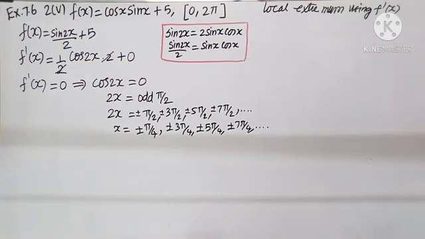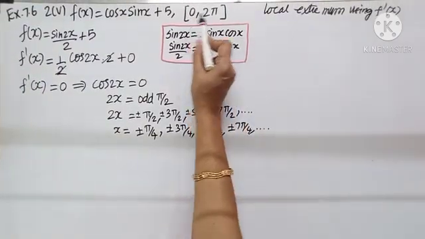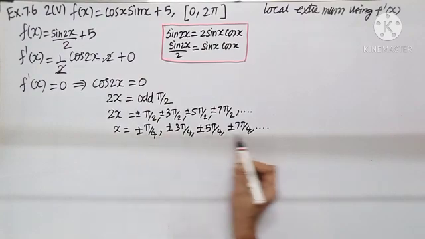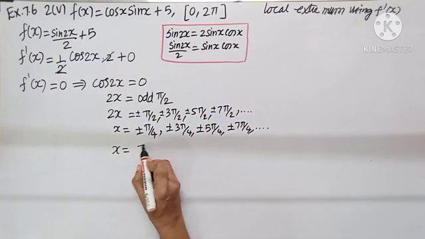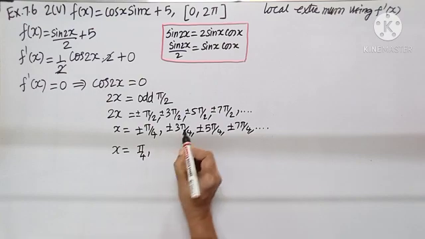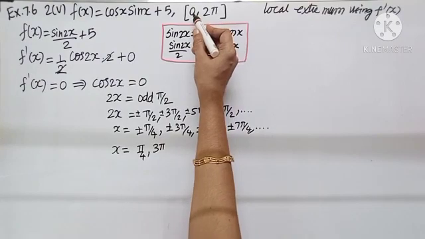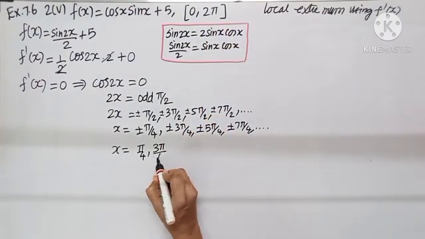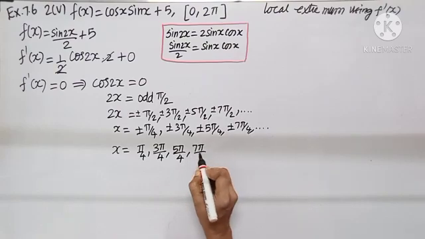Look at the interval given to us. The interval given is 0 to 2 pi. Out of these values, which all will come under 0 to 2 pi? Pi by 4, 3 pi by 4. All the negative values eliminate because our interval starts from 0. 3 pi by 4, 5 pi by 4, 7 pi by 4.